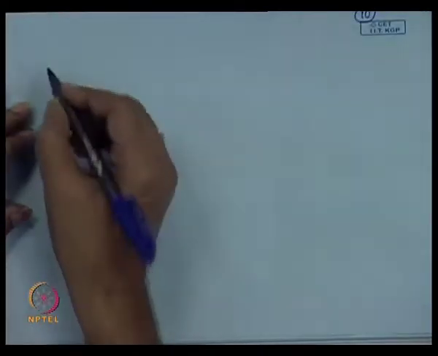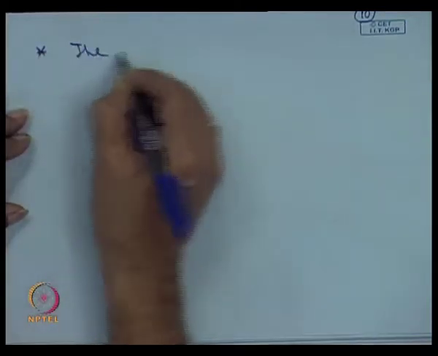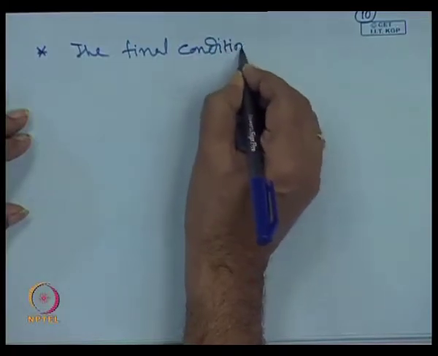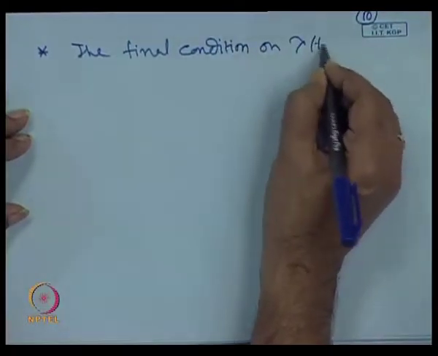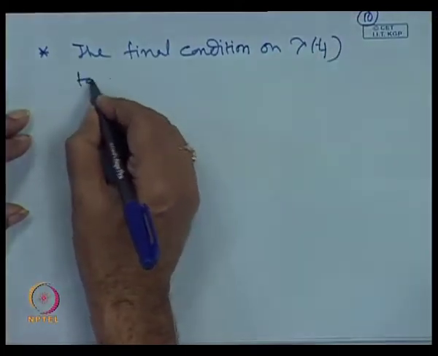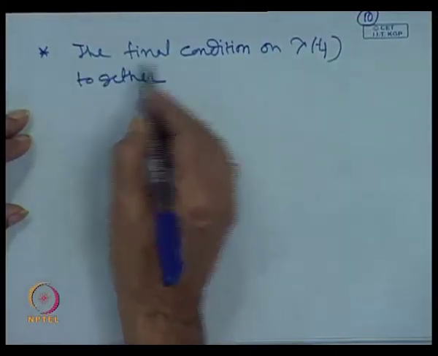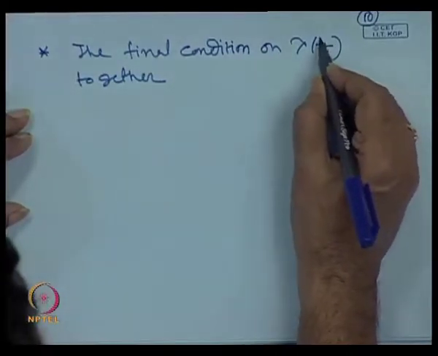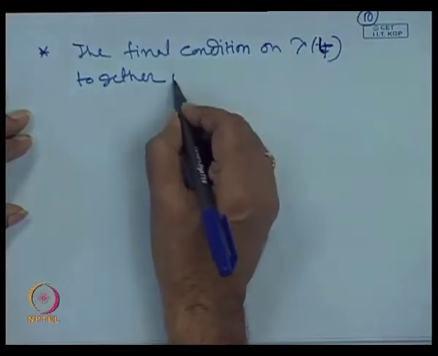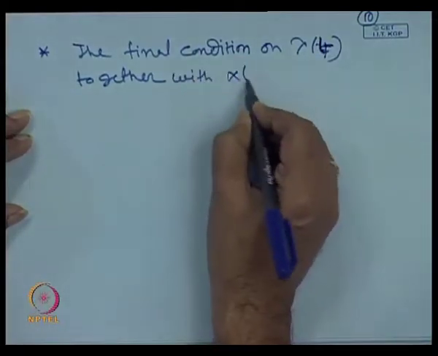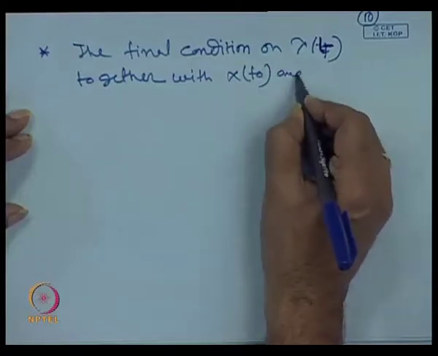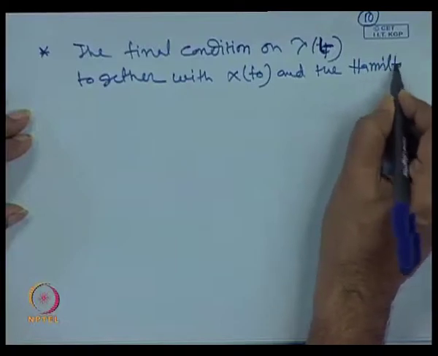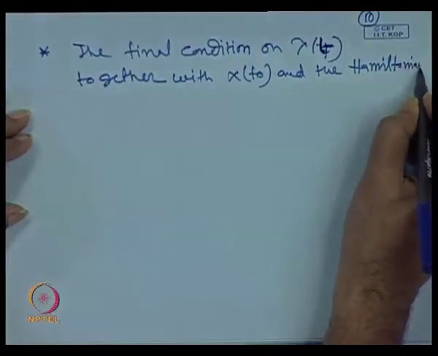So, note the final condition on lambda t, together with x of t 0 and the Hamiltonian system.